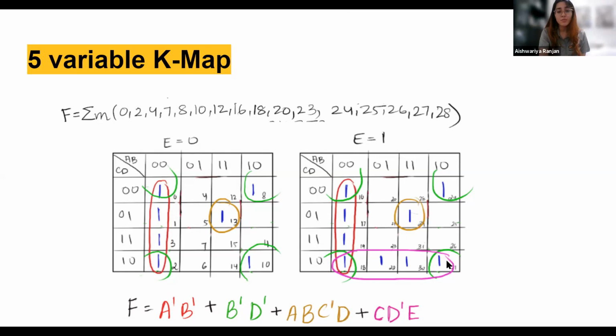So we have to limit it only to this Kmap over here. This Kmap is denoted by E is equal to 1. So to write this pink group's expression down, it would be C, D bar, and E. And once you have all your terms, you would just add them together to get your final expression.